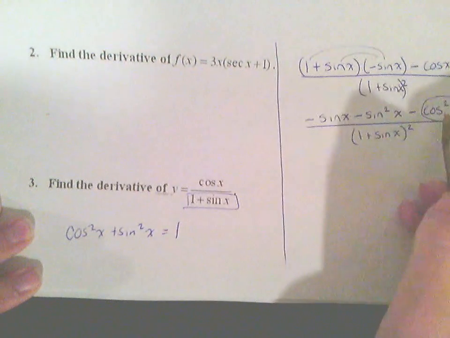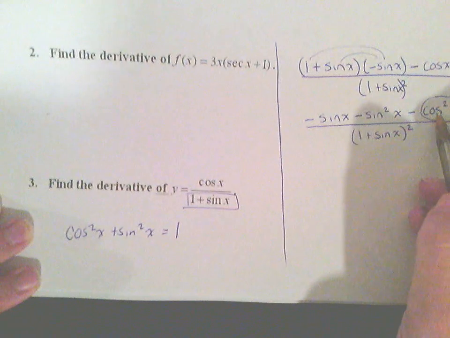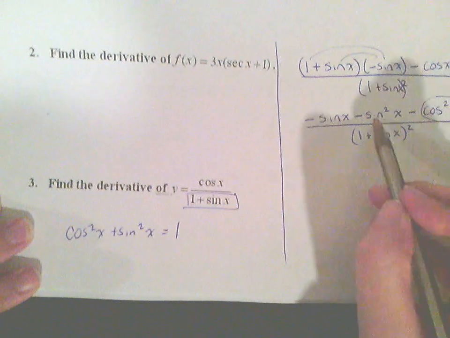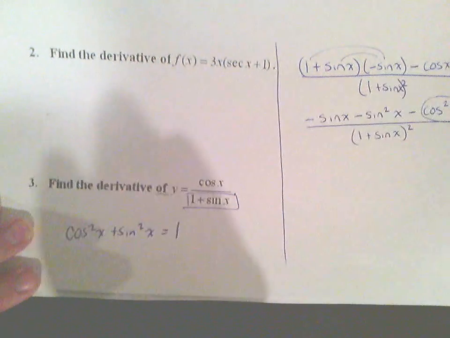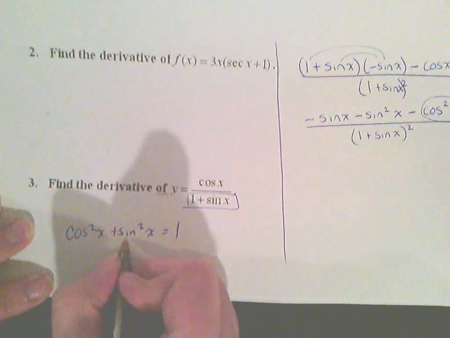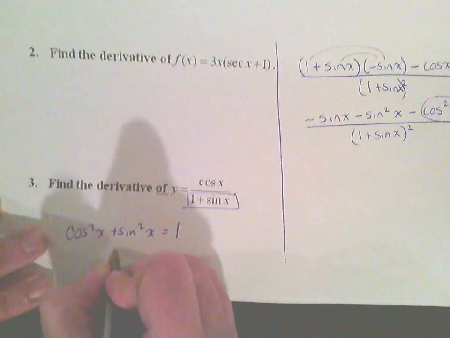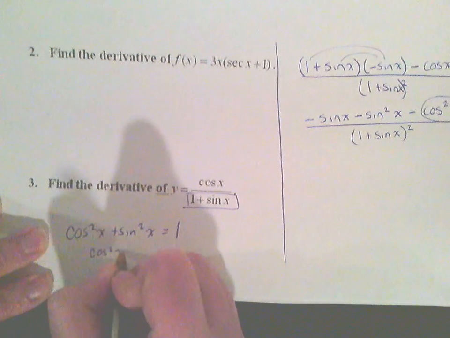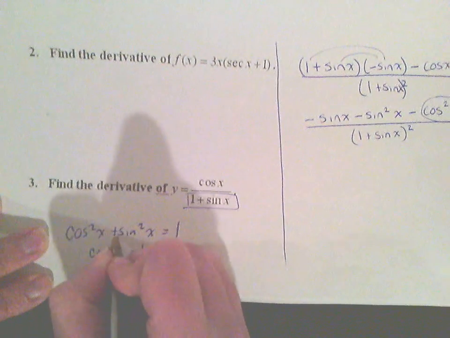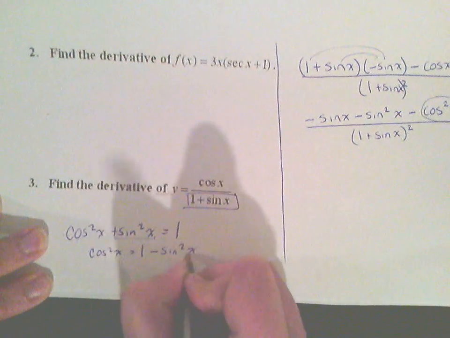So if I can change cosine squared to something with sine squared, then maybe I can cancel out that sine squared. And I can. Cosine squared of x is the same thing as 1 minus sine squared of x.